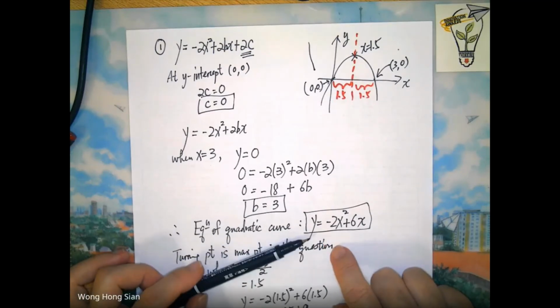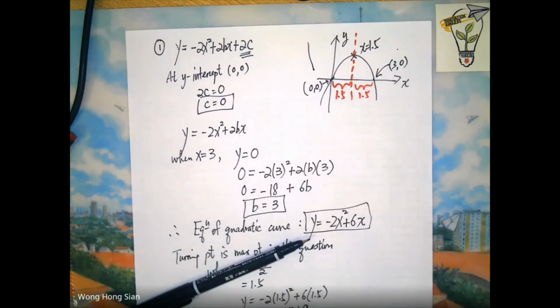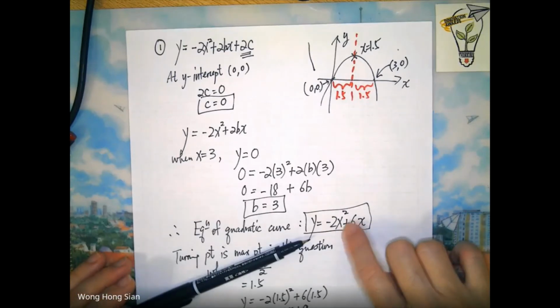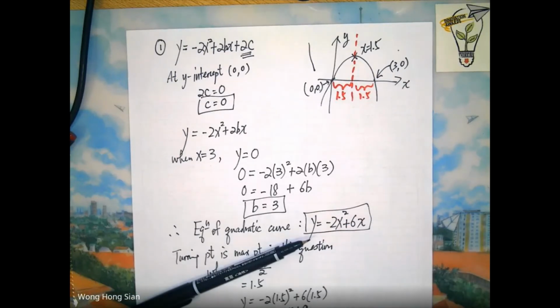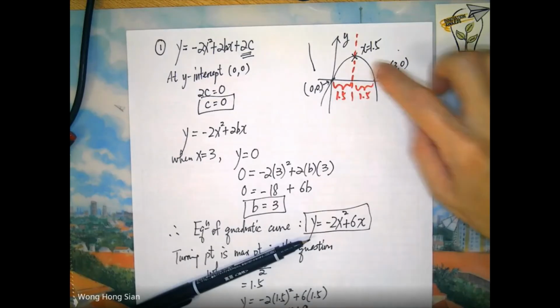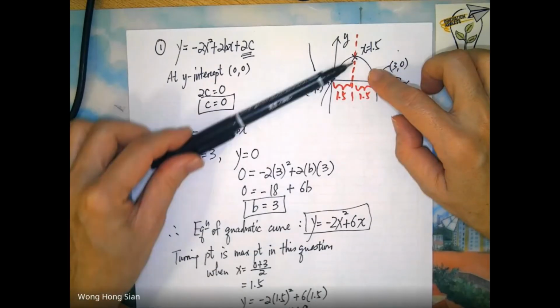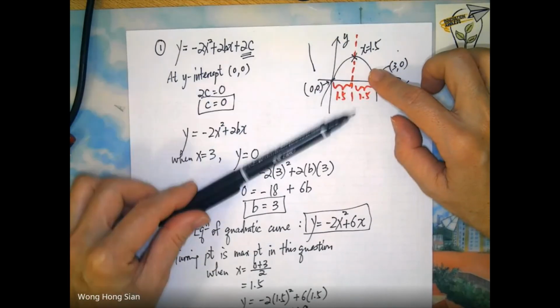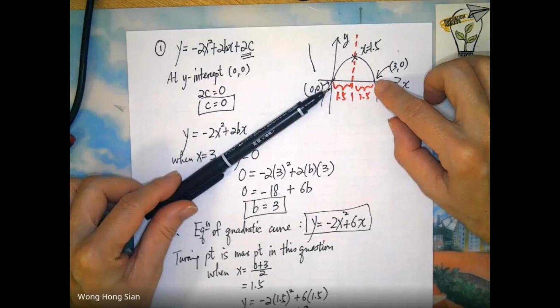Then the next part, they ask you, what are the coordinates of the turning point? Because this is quadratic, power 2, a quadratic graph has this very special property that it is symmetrical. So when it's symmetrical, the maximum point or the minimum point should be in the center of these 2 points on the x-axis.